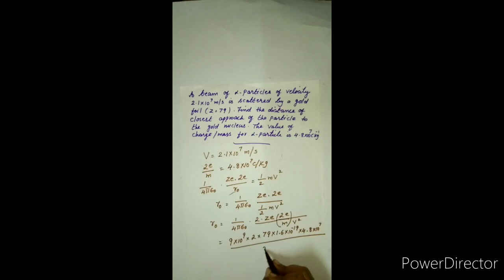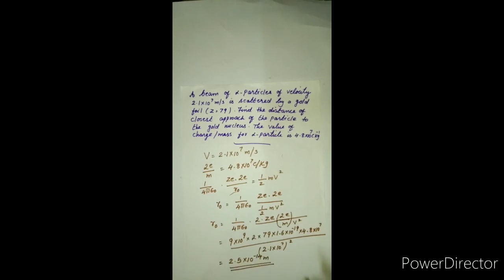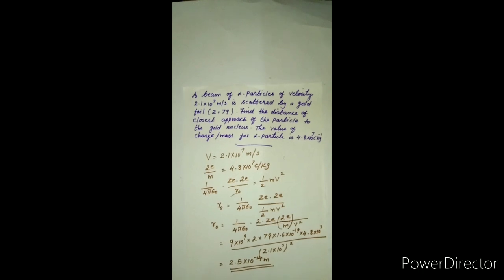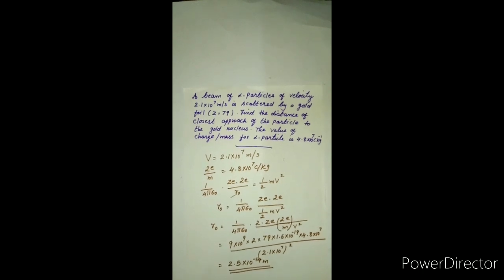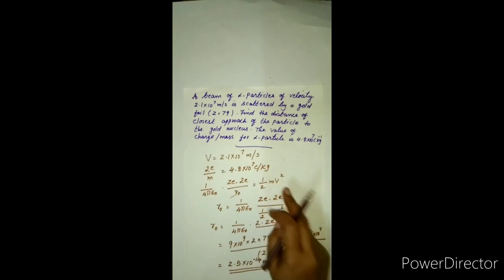What is the v? 2.1 into 10 raised to 7 the whole square. Then when you multiply and divide all these values, you will get the answer 2.5 into 10 raised to minus 14 meter. This is the distance of closest approach of the gold nucleus and the alpha particle in the given question.